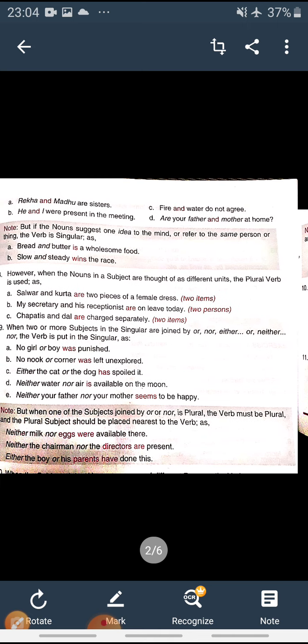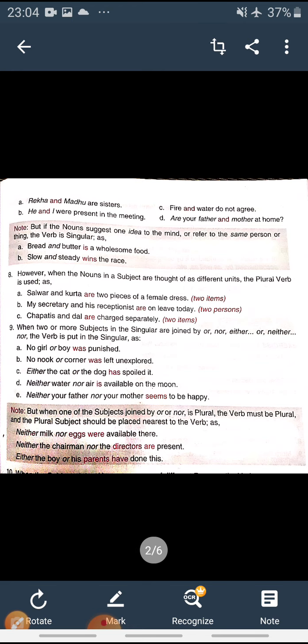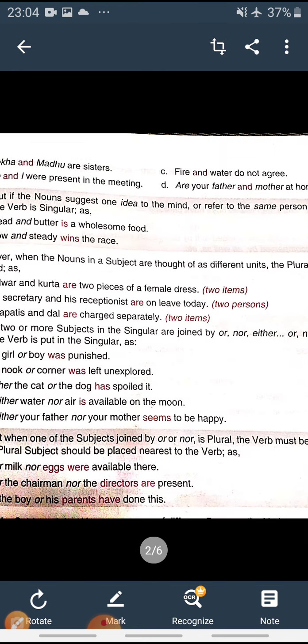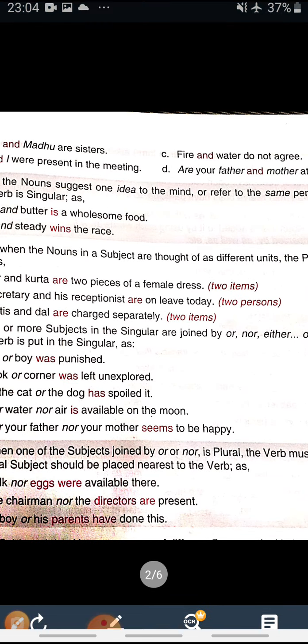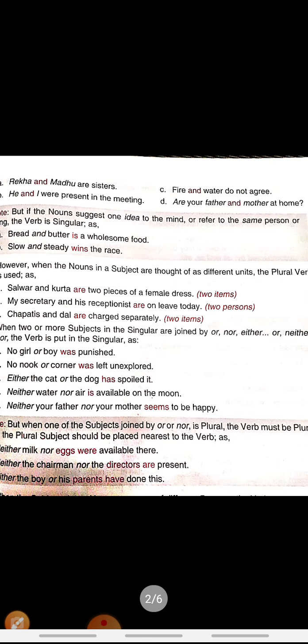Okay? Coming to the next, ninth rule. When two or more subjects in singular form are joined by or, nor, either, or neither, then the verb will be in the singular form.